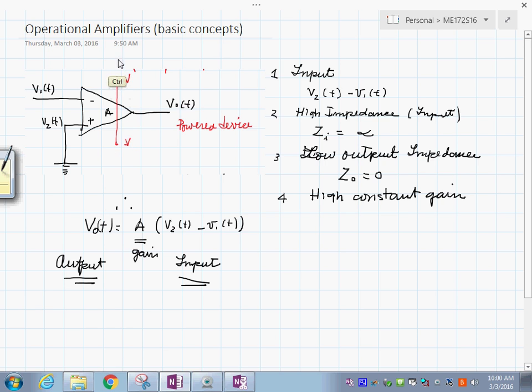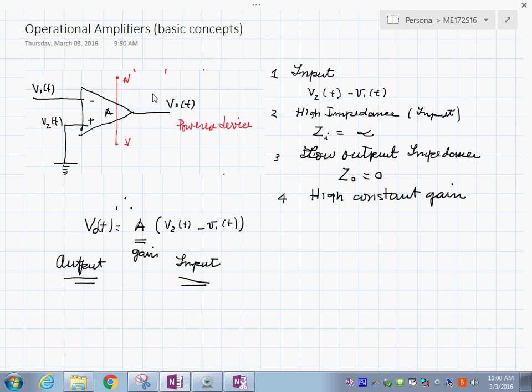So basically it's a transformer with a gain, in this case A, and we are going to put this device into a circuit and see what it does.